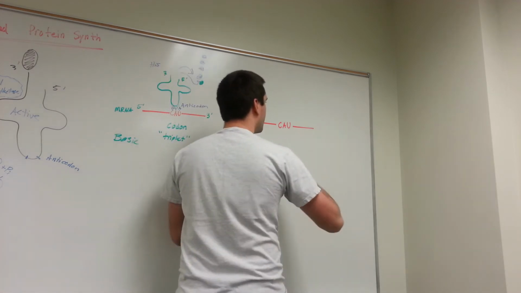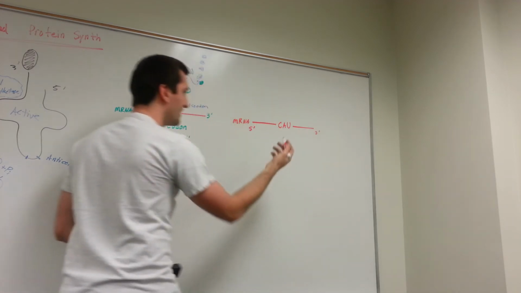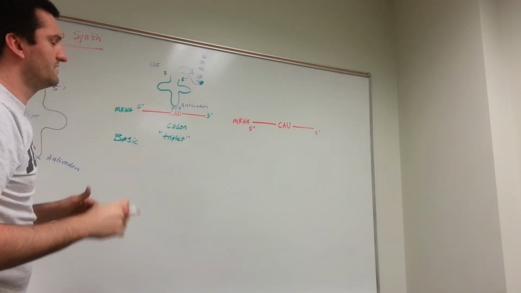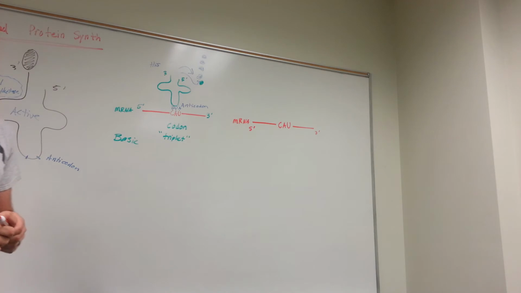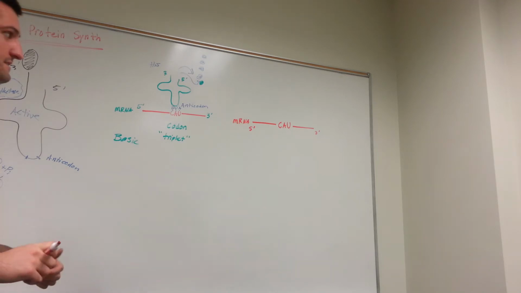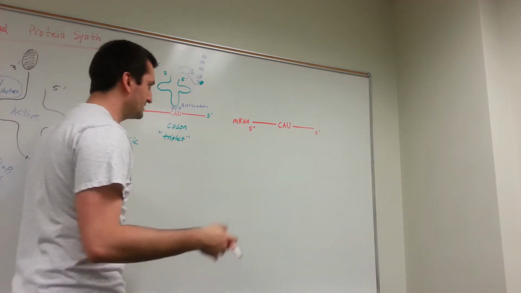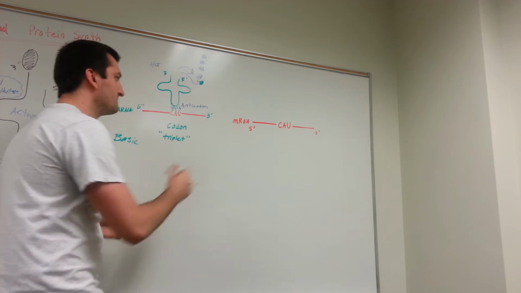I warned you it was a little early in the morning. So we've got our 5' and a 3' end. Now let's get a little more expanded here. So we've got different sequences. We've got an initiation phase, we've got an elongation phase, and a termination phase in protein synthesis. Because remember, our ultimate goal is to make a protein. So that's our final goal.